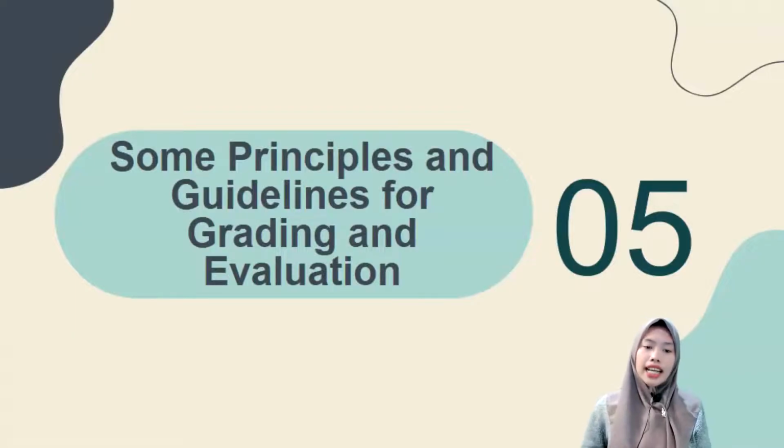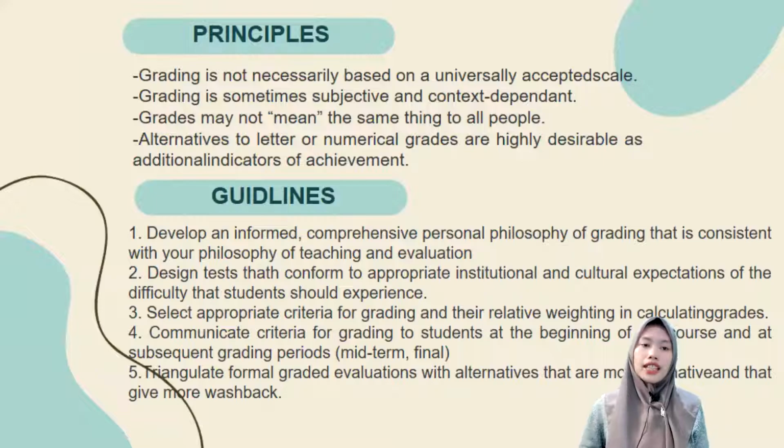Some principles and guidelines for grading and evaluation. Now, these are the principles. Grading is not necessarily based on a universally accepted scale. And then grading is sometimes subjective and context dependent. And then grades may not mean the same thing to all people. And then alternatives to letter or numerical grades are highly desirable as additional indicators of achievement.